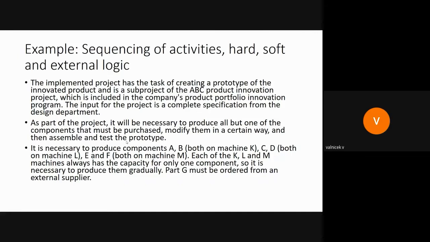At the beginning, we need to start production of all of our parts. So we need to produce the components A, B, C, D, E, F, and we need to order the component G.